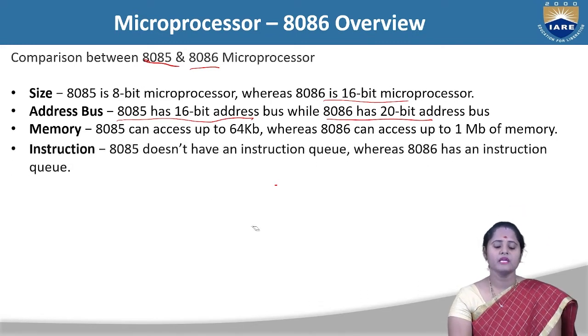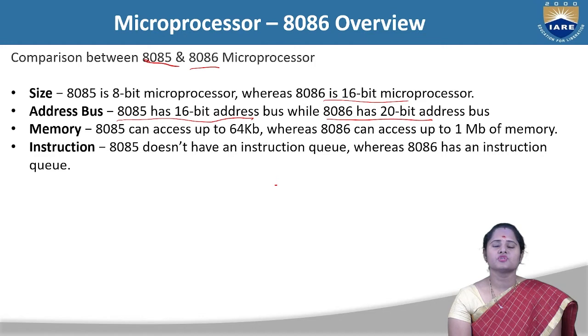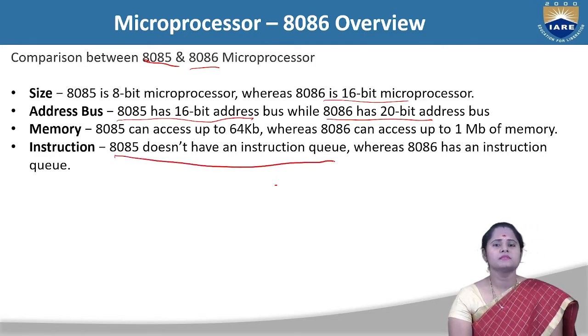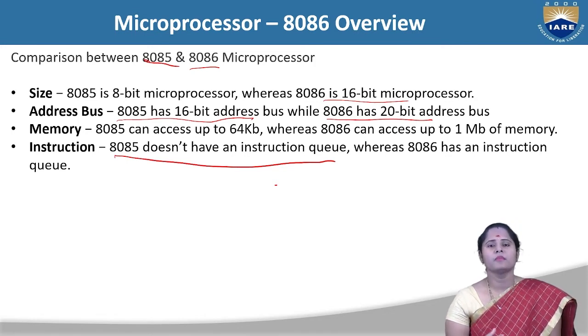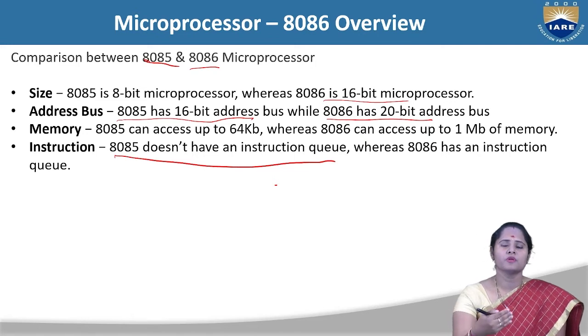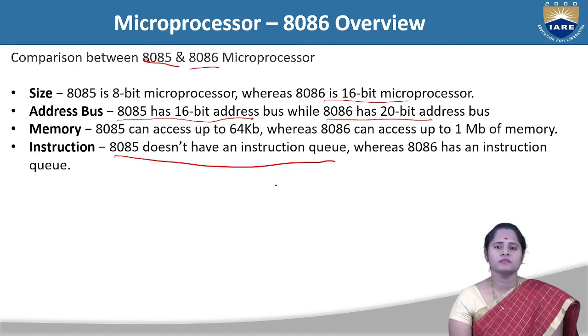The next is the instruction queue. In the 8085, you don't have a queue. What is the instruction queue? We already discussed it. We are placing the instructions beforehand, which means my microprocessor can execute faster. There is no need for the microprocessor to go into the memory where the instructions are present and fetch them.